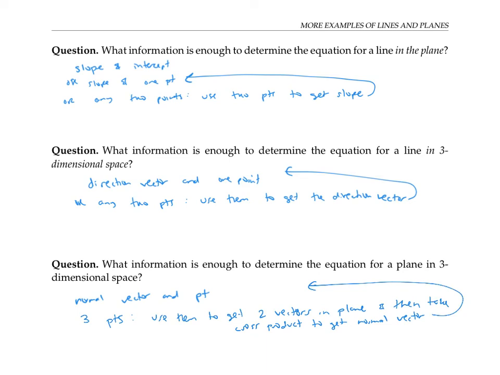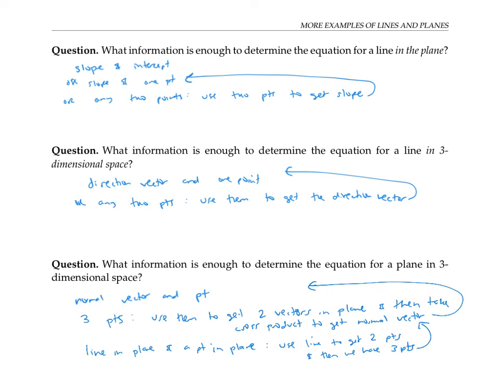There are other possibilities we can use to get the equation for a plane in 3-dimensional space also. For example, we could have a line in the plane and a point in the plane. Those also determine a plane, and one way to get the equation of the plane would be to use the line to get 2 points, and then we have 3 points, and we're in the previous situation.